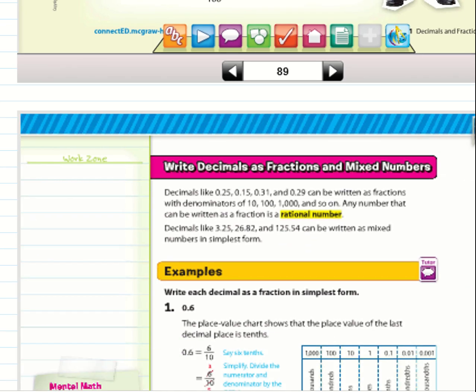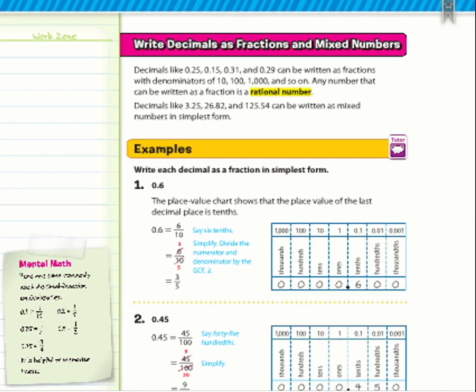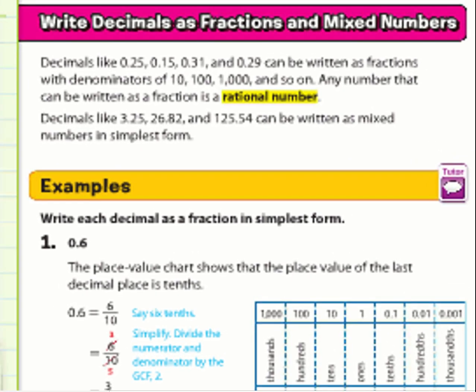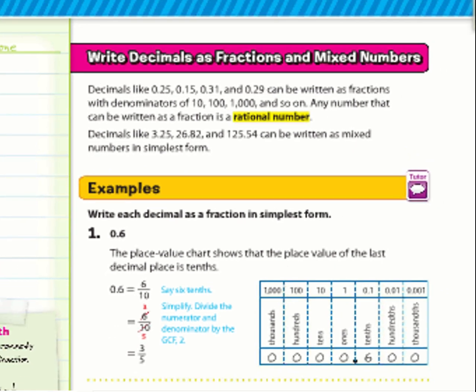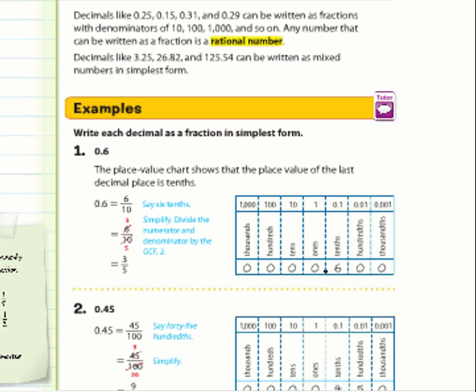So next, write decimals as fractions and mixed numbers. It says decimals like 25 hundredths, 15 hundredths, 31 hundredths, and 29 hundredths can be written as fractions with denominators of 10, 100, 1,000, and so on. Any number that can be written as a fraction is a rational number.